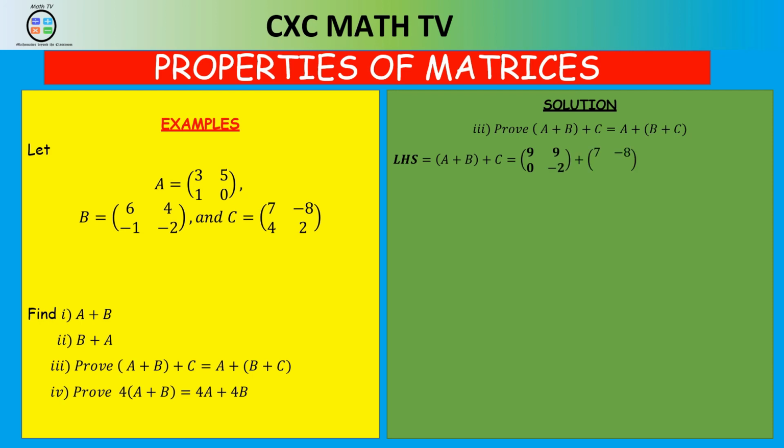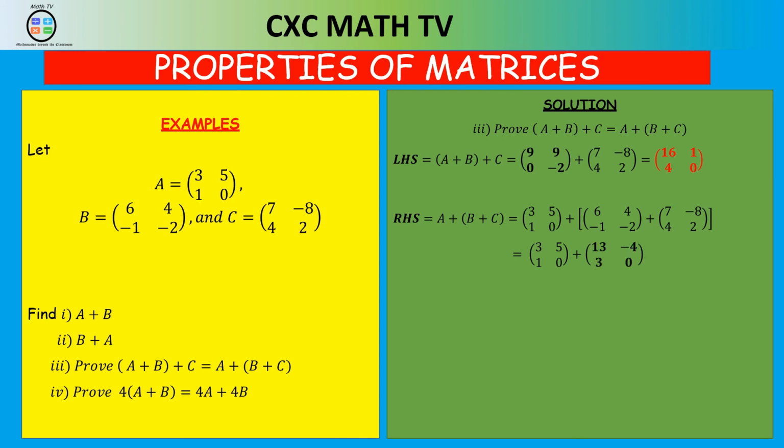Now let's work out A + (B + C). So we add B + C first because that part is in brackets. 6 + 7 is 13. 4 + negative 8 is negative 4. Negative 1 + 4 is 3. Negative 2 + 2 is 0. So B + C works out to be 13, negative 4, 3, 0. So now we have 3, 5, 1, 0, which is A, plus 13, negative 4, 3, 0.